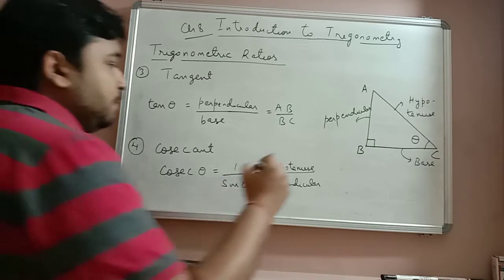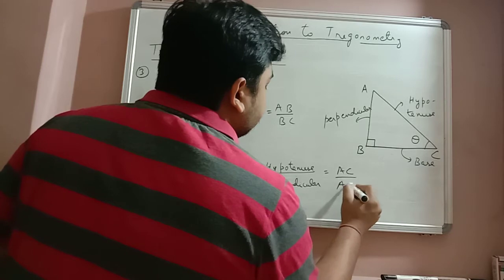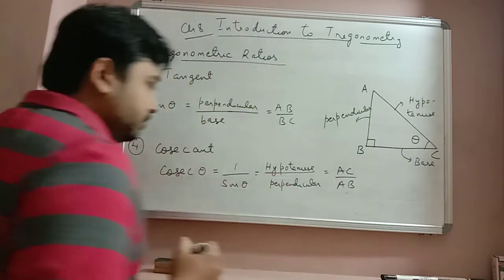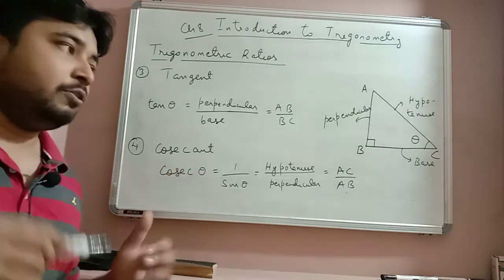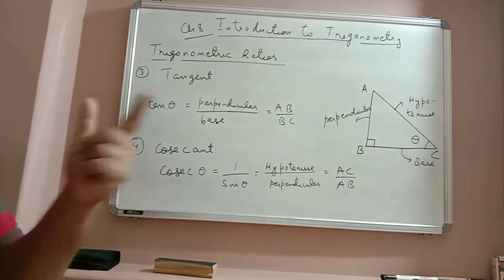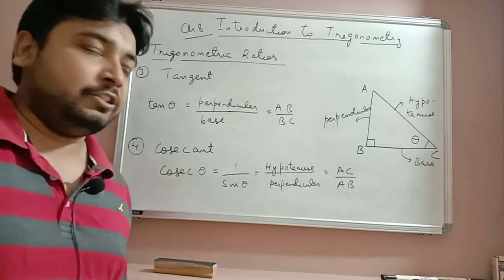So hypotenuse upon perpendicular will be equal to AC upon AB. I hope this is clear to everyone. Now the next ratio will be the reciprocal of cos, that will be the secant ratio.